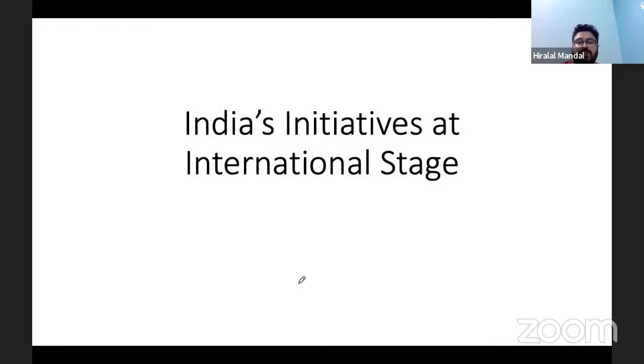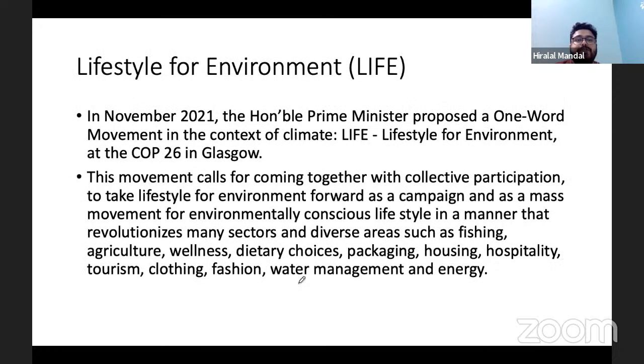What are the various efforts made by the government at the international level? There is Lifestyle for Environment, which was proposed by the Prime Minister in 2021 at the COP26 in Glasgow. What does it talk about? It talks about the lifestyle.